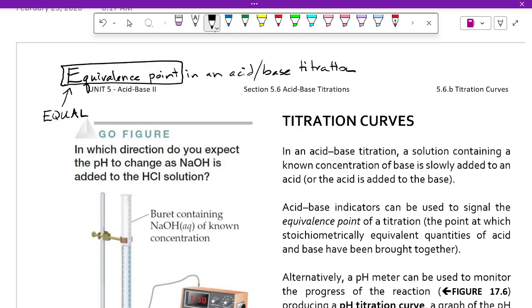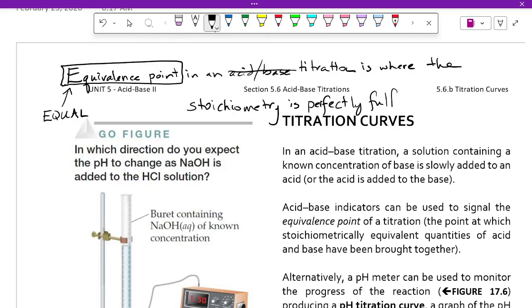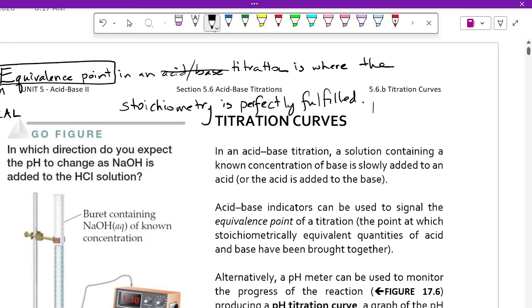Actually, in any titration it is where the stoichiometry is perfectly fulfilled. You have no excess of either reactant.